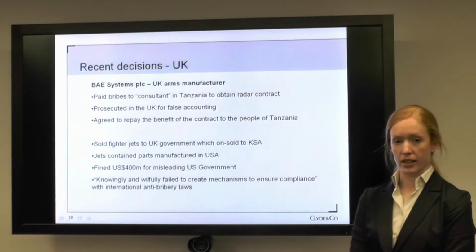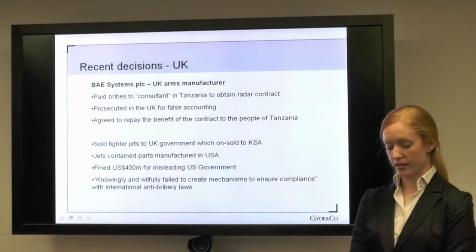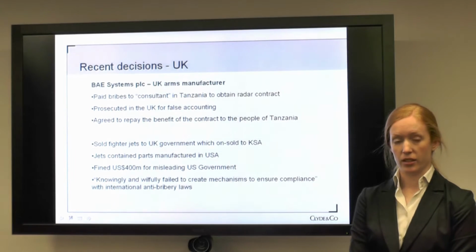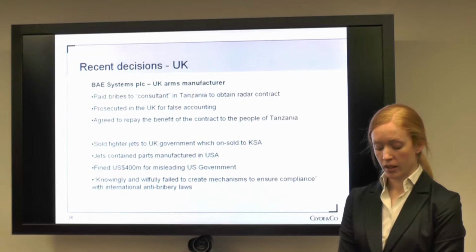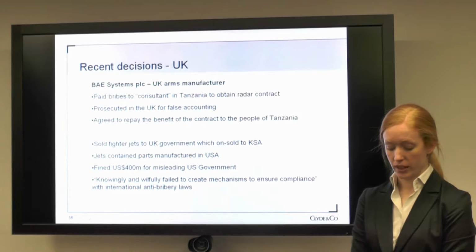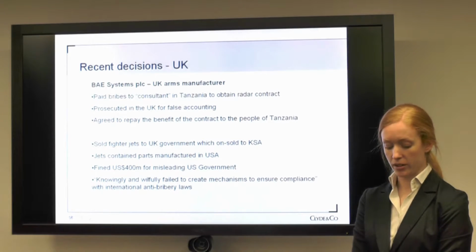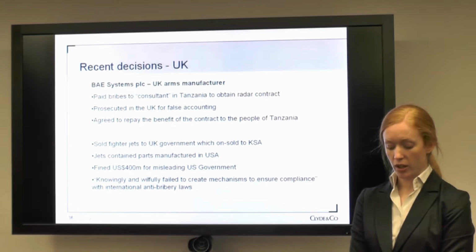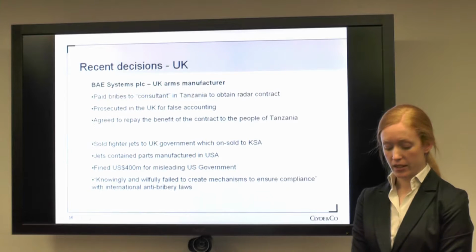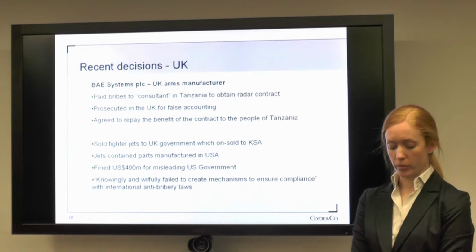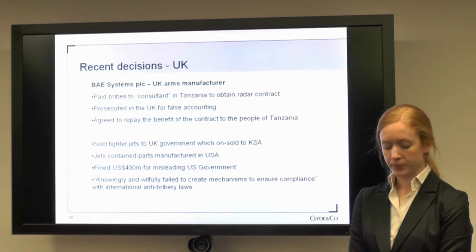Turning to some case studies, the case of BAE Systems came before the implementation of the Bribery Act, but it is nonetheless informative. BAE Systems pleaded guilty to an offence of failing to keep accounting records sufficient to show and explain the transactions of the company. The offence related to payments of $12.4 million paid by two of its subsidiaries in Tanzania.